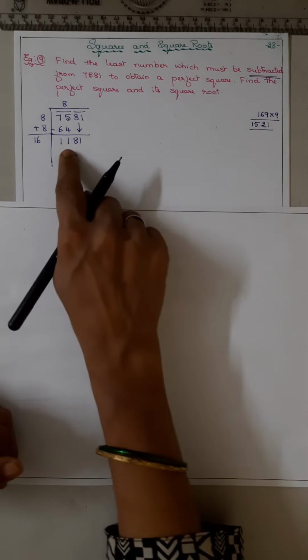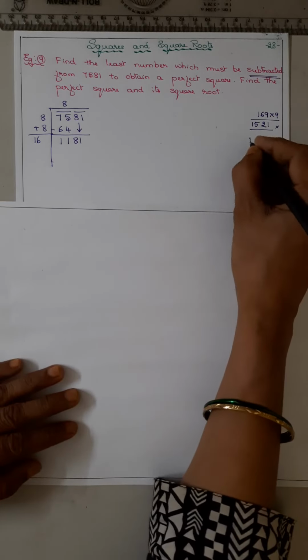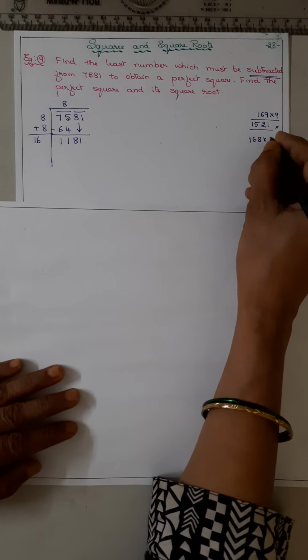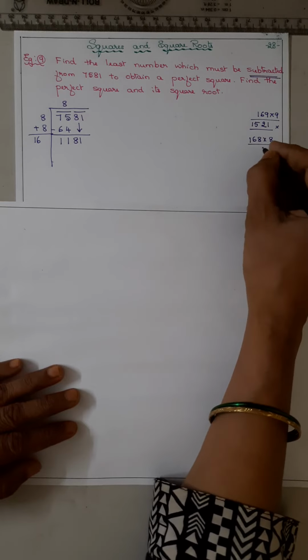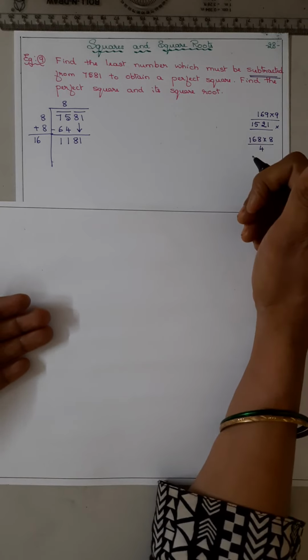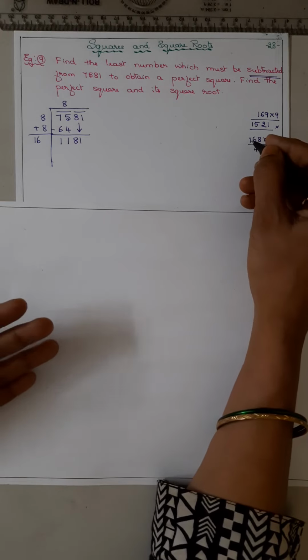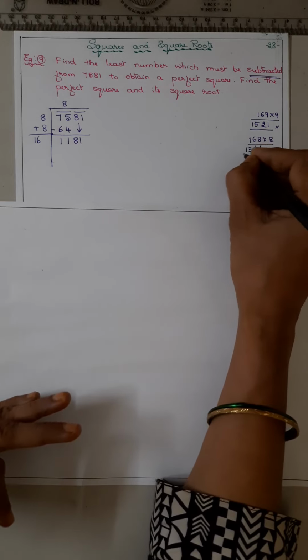So can you put? No. So next try with the 168 into 8. 8 8s are 64. 8 6s are 48, 49, 50, 54. 8 ones are 8, 9, 10, 13.